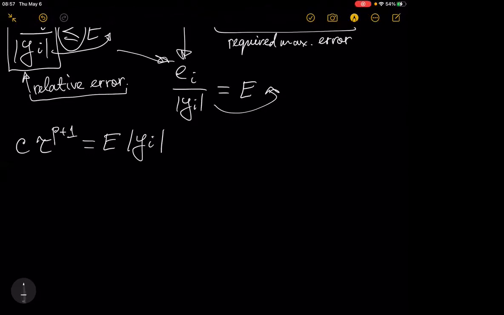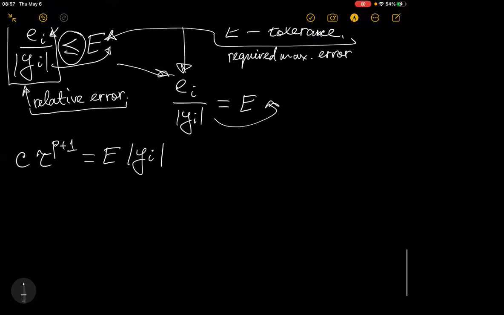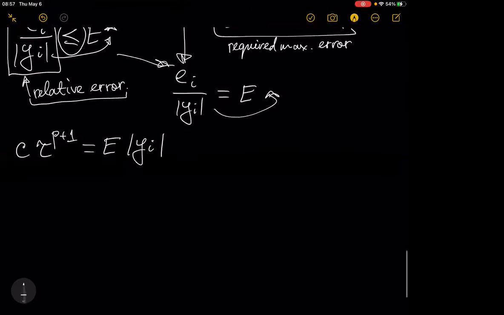Now, what we can do, we can solve this equation for tau and C. Essentially, we can say that tau to the power P plus 1 has to be E times YI divided by C, right?